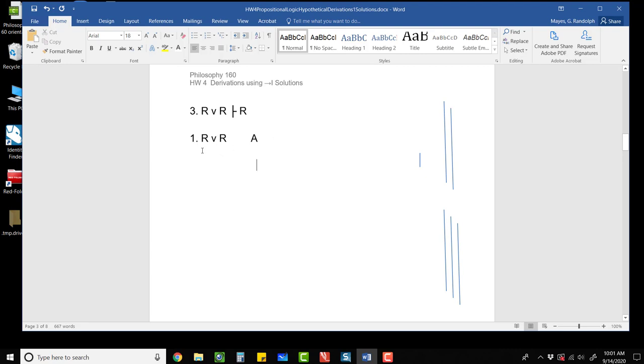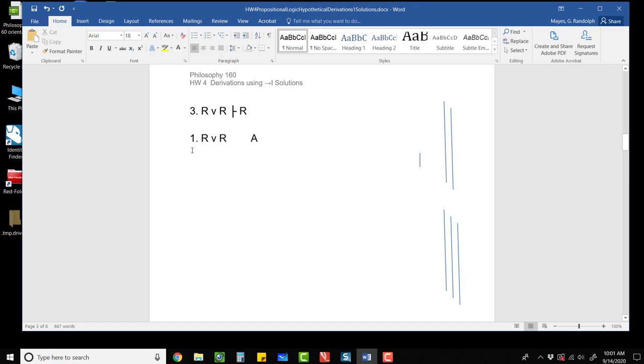So what do we really want to show? Well, we want to show if R, then R, right? And then we want to show, again, if R, then R. But we actually just showed that, so we don't need to show it again.